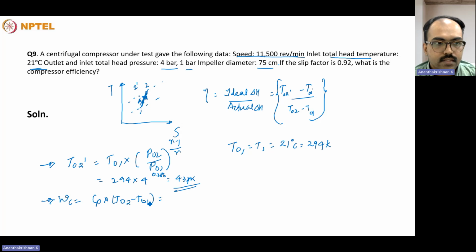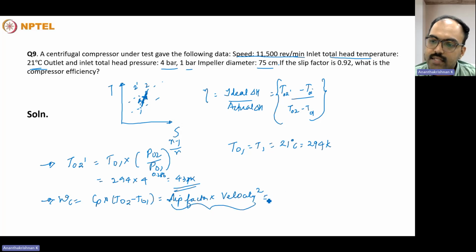That could be written as the slip factor into the velocity squared.